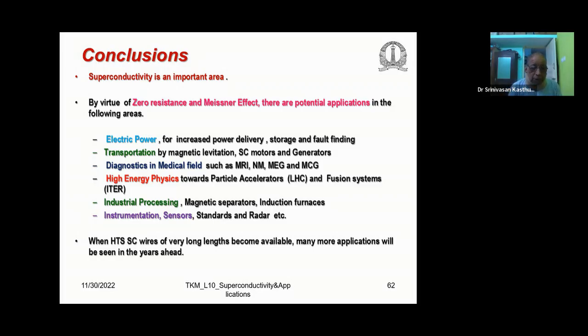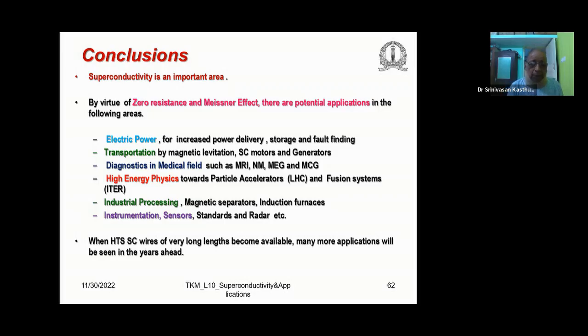Then the transportation sector for magnetic levitation, superconducting motors and generators. Diagnostics and medical, being MRI, NMR, and then MEG and MCG. High energy physics towards particle accelerators, the Large Hadron Collider, fusion systems, etc.